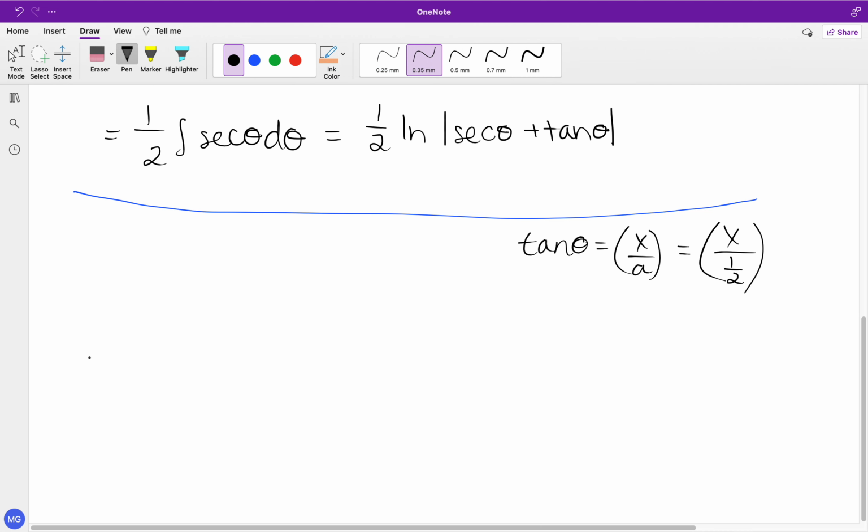If we insert a triangle, we can say that this will be our x, this is our a, or 1/2, and using the Pythagorean theorem, we can see that this will be the square root of 1/4 plus x squared.